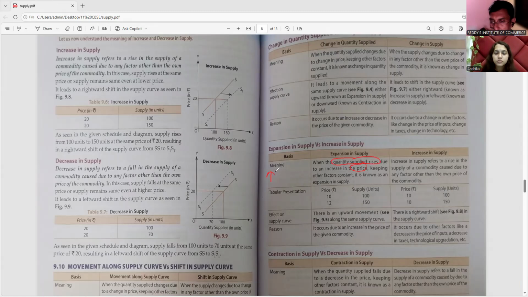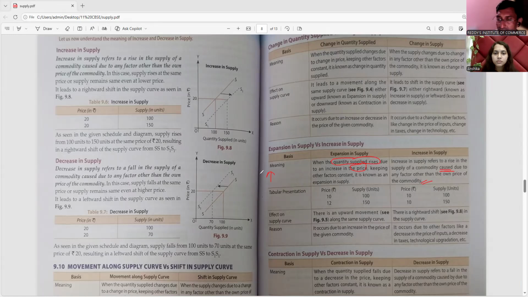Now, increase in supply. Increase in supply refers to a rise in the supply of a commodity caused by any factor other than the own price of the commodity.